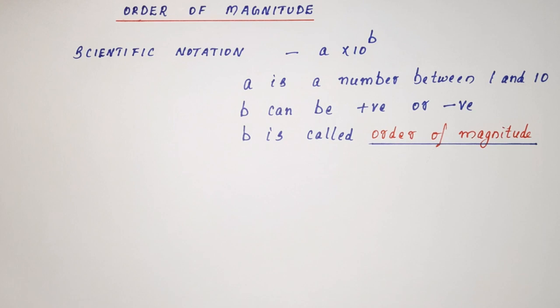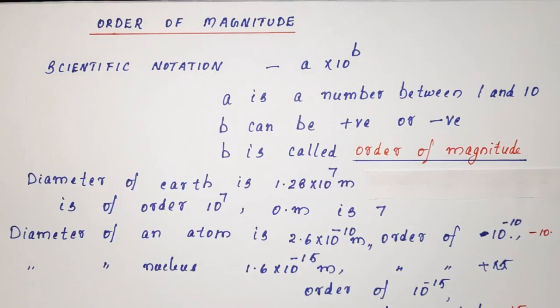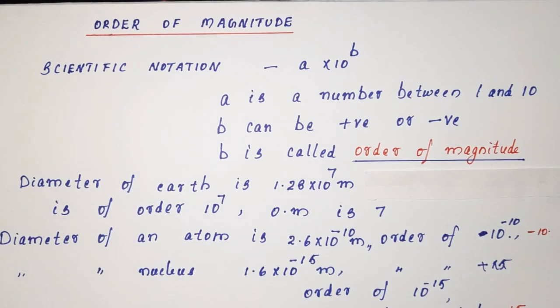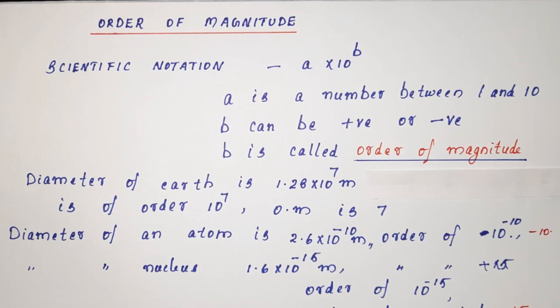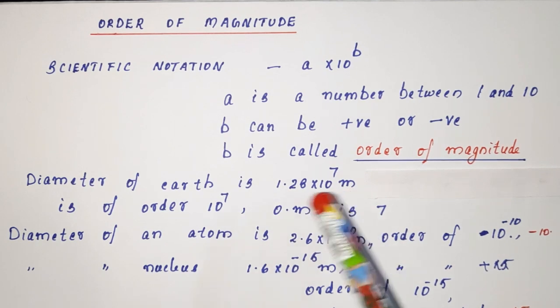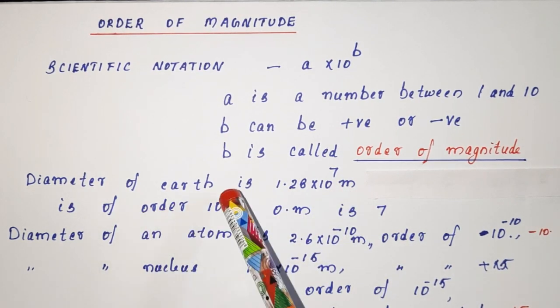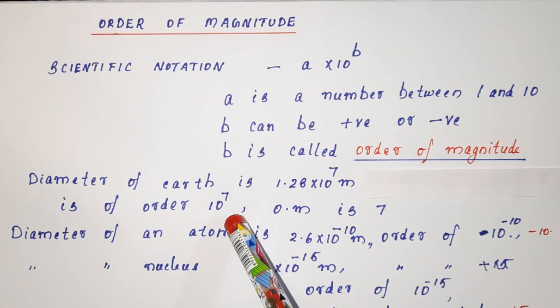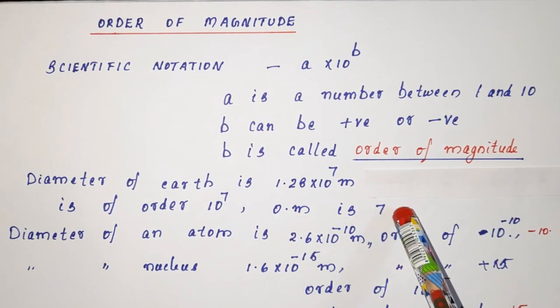In what context we use that word order of magnitude, we will explain with some examples. For example, the diameter of earth is 1.28 into 10 raised to 7 meter. So we say the diameter of earth is of the order 10 raised to 7 and the order of magnitude is 7.